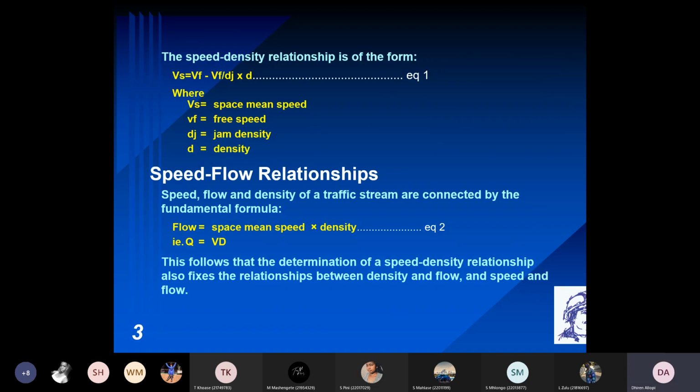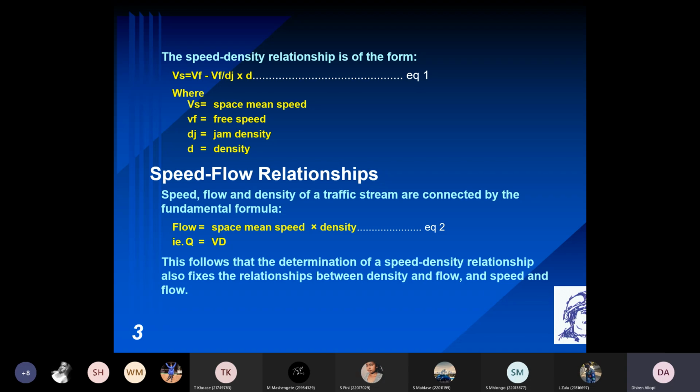So you can see there the speed density relationship equation, and I'm referring to equation 1. That's a linear relationship. So you can calculate the speed at any point on your graph, provided you knew the maximum speed, Vf, the jam density, the maximum density, and of course the density at the point where you are trying to calculate the speed.